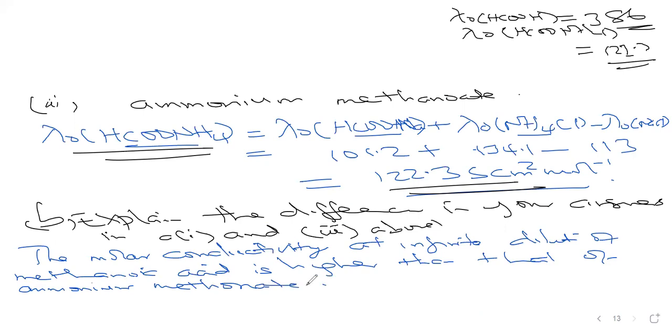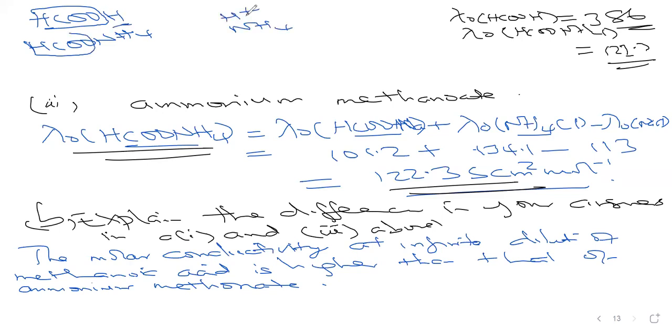Then what causes that difference? You see, this is methanoic acid and this is ammonium methanoate. Both of them have the methanoate ion, but the difference is between the hydrogen ion and the ammonium ion. So the reason why methanoic acid has a higher conductivity is due to the hydrogen ion in it, whereas here there is the ammonium ion. The hydrogen ion is more conducting, or has a higher molar conductivity, than the ammonium ion.